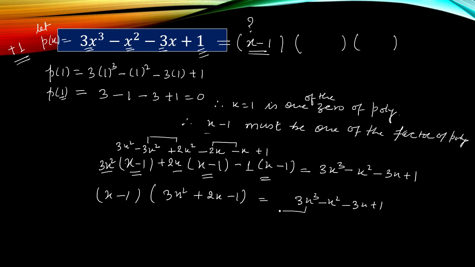So we find these are the two factors of the polynomial. This is the first factor, and this is a quadratic polynomial. That means this is the product of the remaining two factors.